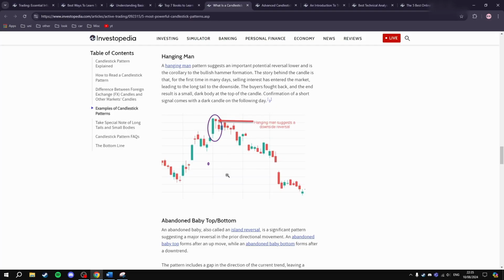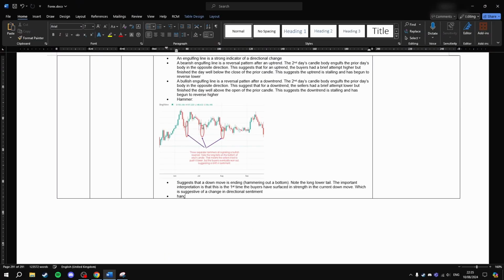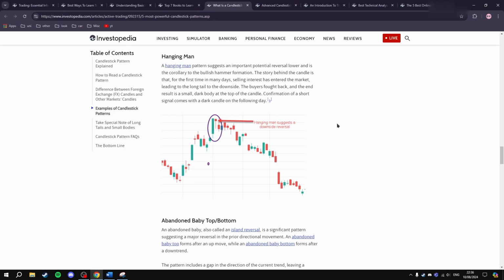Hanging man. This is the opposite of a hammer, right? Hanging man pattern suggests an important potential reversal lower and is a corollary to the bullish hammer formation.